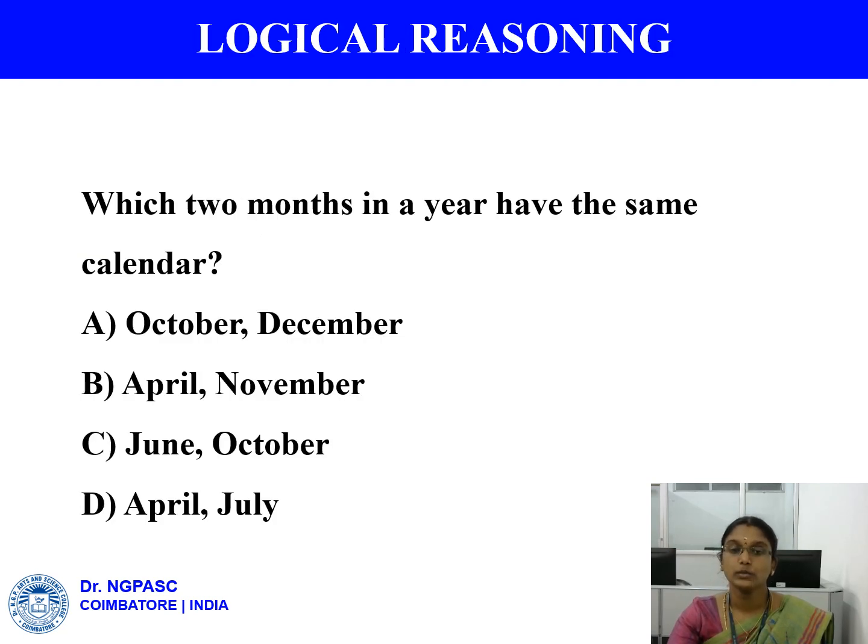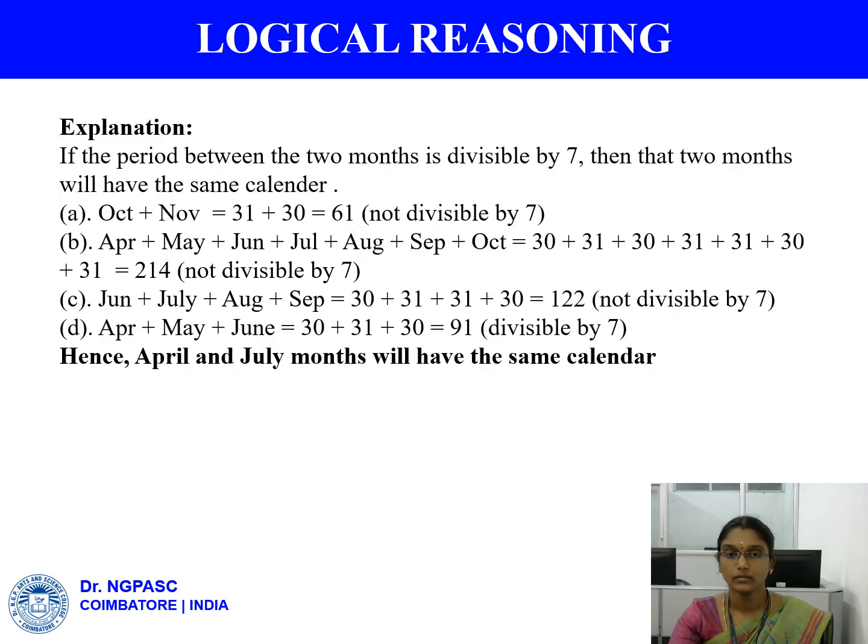Next, which 2 months in the year have the same calendar? See here, October and November: 31 plus 30 days, totally 61, which is not divisible by 7. Next, April to October: adding all the days, we get 214, also not divisible by 7.